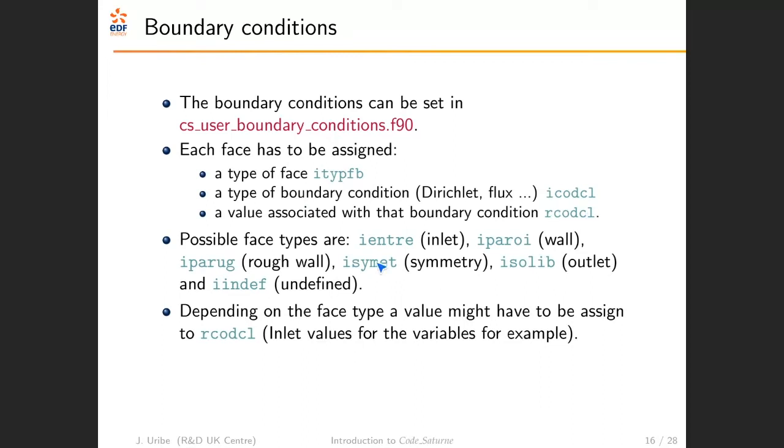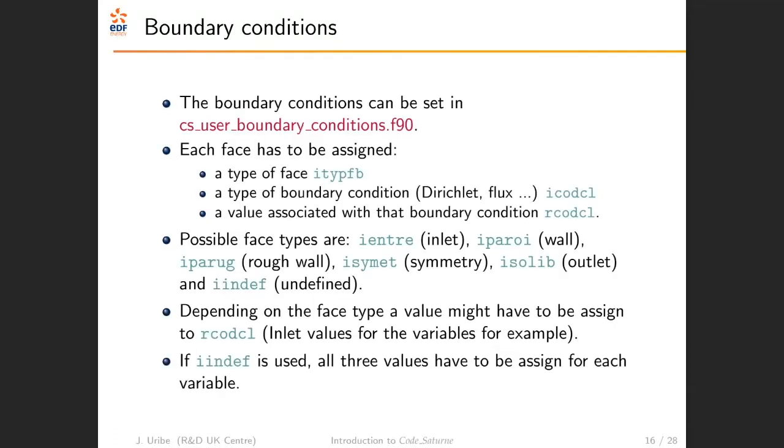So if, for example, you say that a phase is symmetry, there's nothing else for you to do because it's already assumed by the code that what you want is zero flux to that phase, and it will complete that phase. But if you say that it's an inlet, then you need to tell it what the inlet is. So that's where CodeSet will come into place. You need to put there how much is the inlet, or how much is the temperature, how much is the flux.